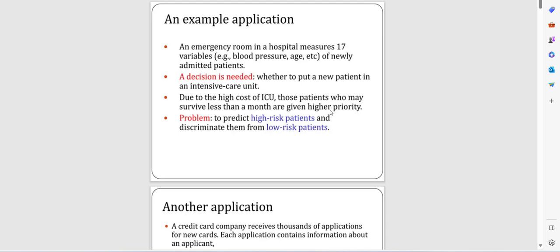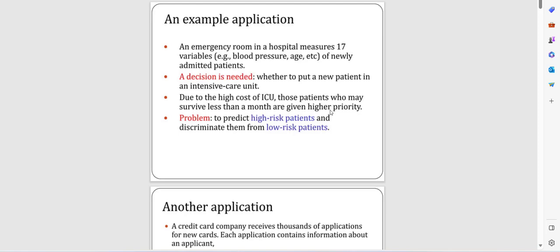Okay, so let's take an example. Supervised machine learning, as I have discussed before, is a type of machine learning in which we are going to classify the data. Basically, we have the data set and we are doing classification problems. For example, an emergency room in a hospital measures 17 variables, for example blood pressure, age, and other ones of newly admitted patients.